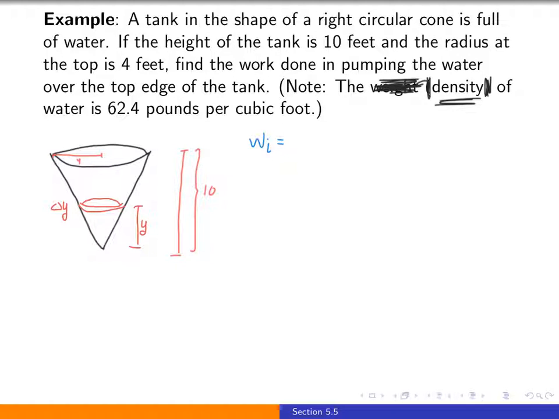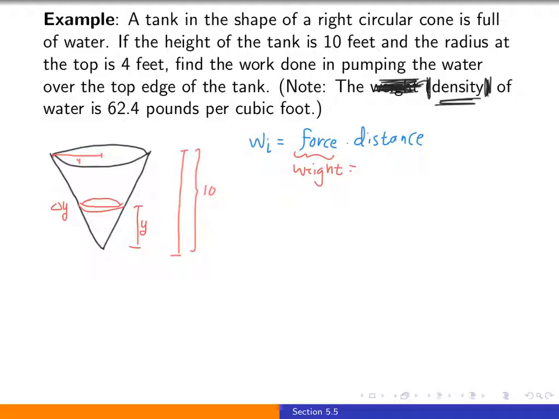Well, in general, the work is going to be, we've said, force times distance. And if I can approximate what's going on in this ith slab, then that's going to tell us exactly what function we need to integrate. So the force in this case, we're going to think of as the weight of that water. And in general, we think of weight as volume times density.